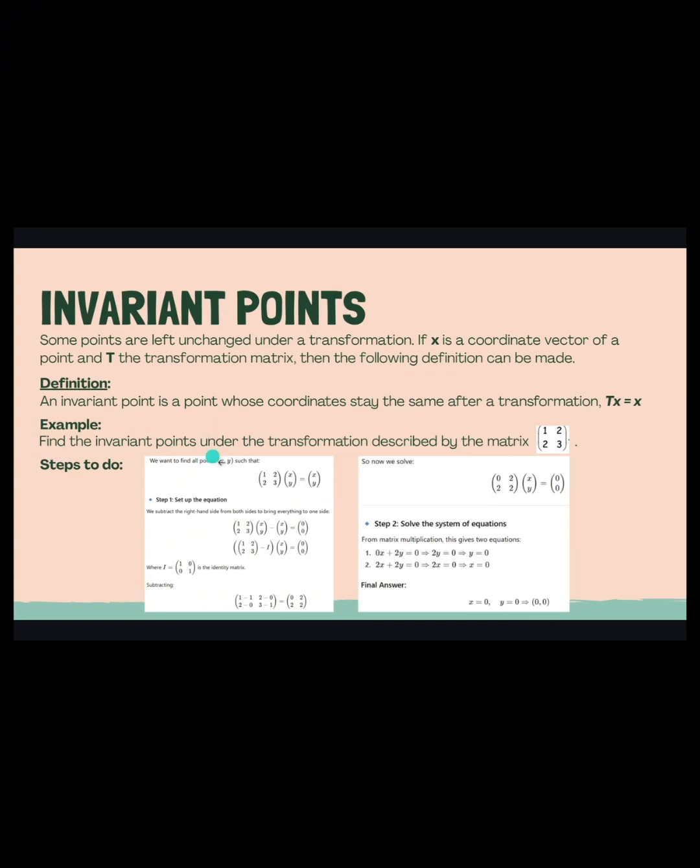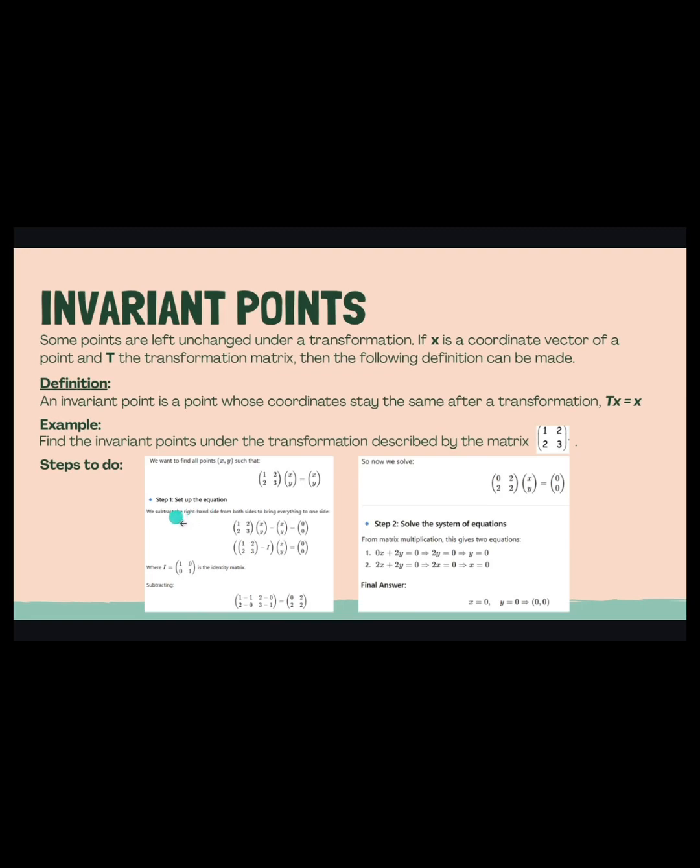Example: find the invariant points under the transformation described by the matrix 1, 2, 2, 3. Let's see the steps. First, we want to find all points with coordinates (x, y) such that Tx equals x.